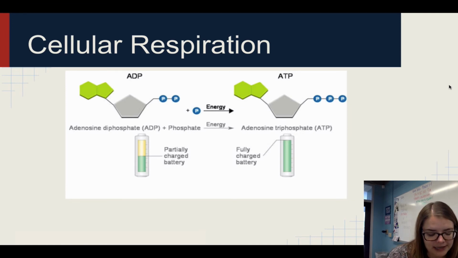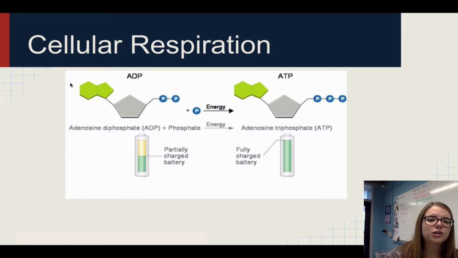Now, keep in mind that both forms of cellular respiration will make ATP. ATP, remember, is adenosine triphosphate. And ATP, we learned in our macromolecules unit, is a nucleic acid. When you look at ATP, it looks really similar to RNA and DNA, right? You have a 5-carbon sugar, you have a nitrogenous base, and you have phosphate groups, just like the DNA and the RNA did.